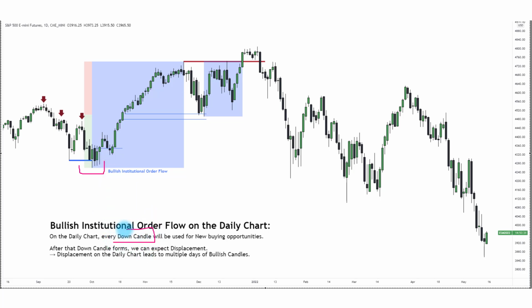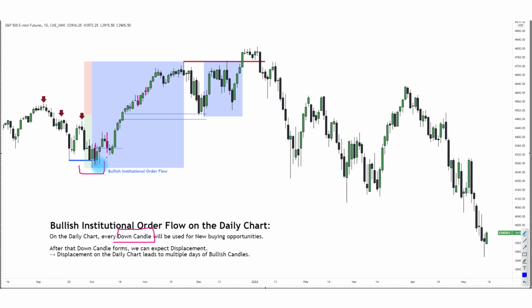Every down candle will be used for new buying opportunities. So you can see here, down candle here, down candle here, down candle here, down candle here. Now pay attention to this part. After that down candle forms, we can expect displacement.